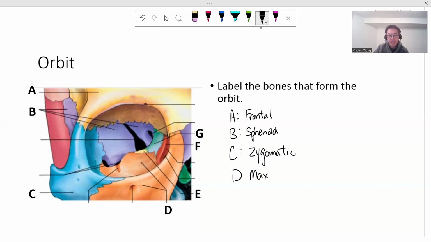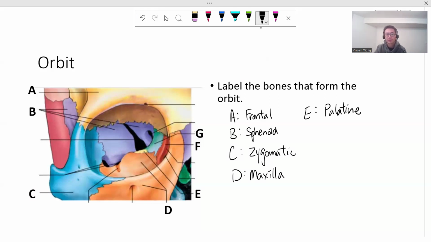D is the maxilla. We just labeled that. E is a bone that actually you just form a tiny bit of your orbit, but then it goes down and forms like a U shape, forming part of your hard palate as well. That is the palatine bone.